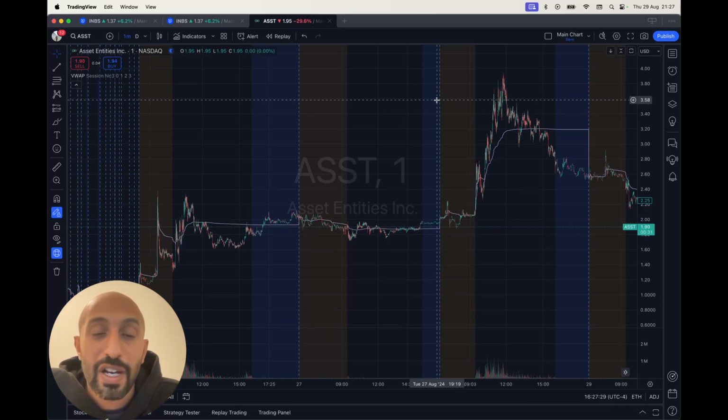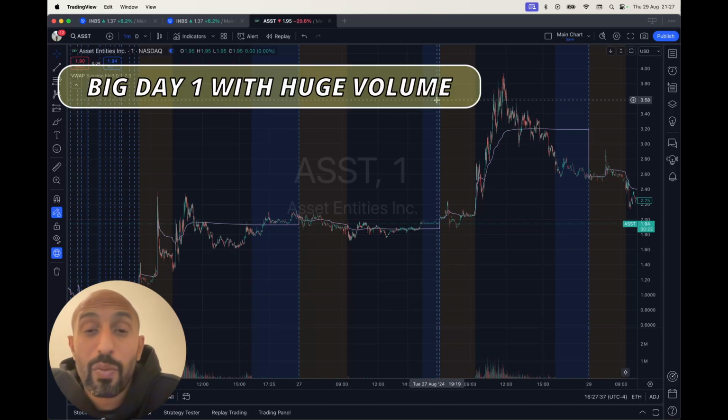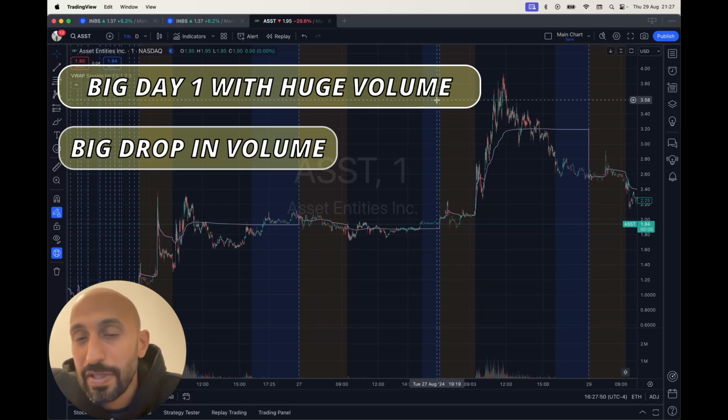Okay, cool. To recap, for a liquidity trap, what we have is a big day one with huge volume. Day 2, 3, 4, 5, or however long it takes, the following days have a huge drop off in volume, up to a 90% drop off.